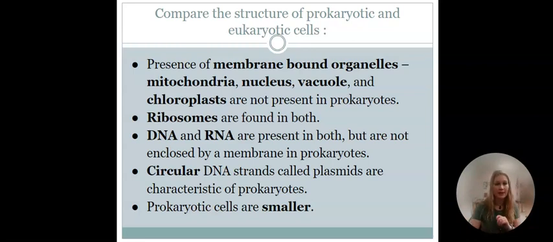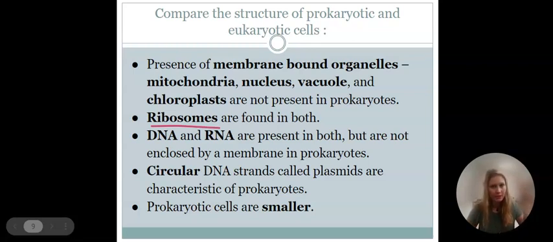Now, what you will find in both prokaryotic and eukaryotic cells are ribosomes, because ribosomes make proteins, okay? You also have to have some type of genetic material, either DNA or RNA, okay? But again, the difference is that in a prokaryotic cell, DNA is just hanging out in the cytoplasm, whereas in a eukaryotic cell, it's in a nucleus, okay?